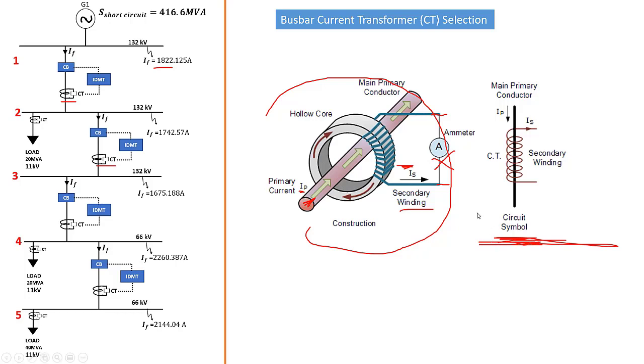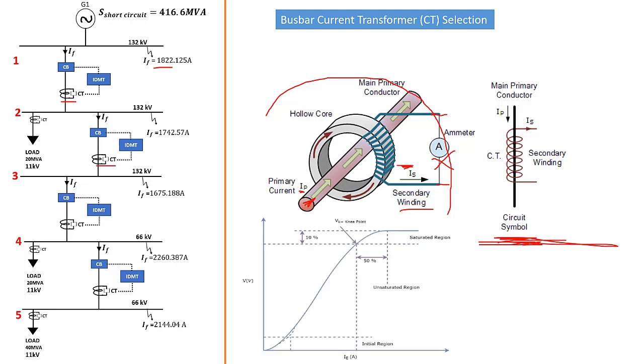Now, there is also an important property of the current transformer that's called the knee point voltage. Now, the knee point voltage means that when the CT operates, as you can see here, this is the voltage and this is the current. So this is a voltage, that's a current, and you can see this is very linear.